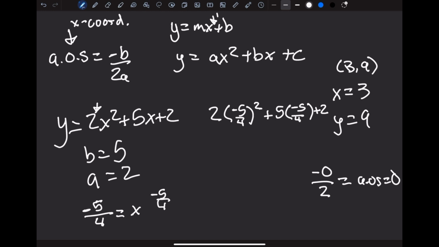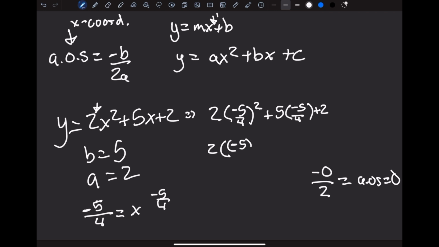When you square fractions, you just square the inside.